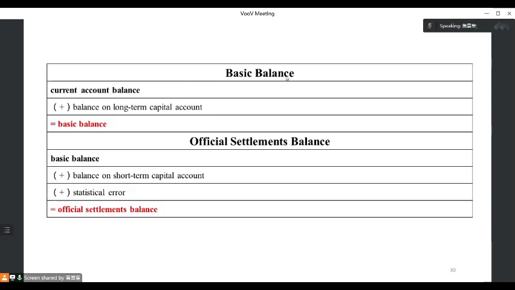Let's see basic balance. Current account balance plus balance on long-term capital account equals basic balance. We should know basic balance equals current account balance plus long-term capital account.